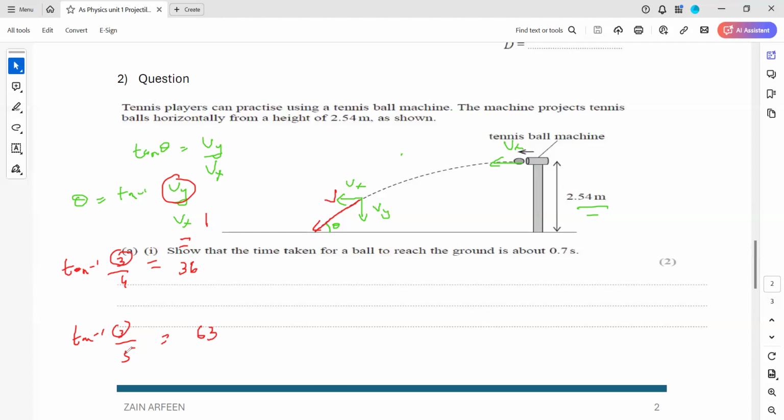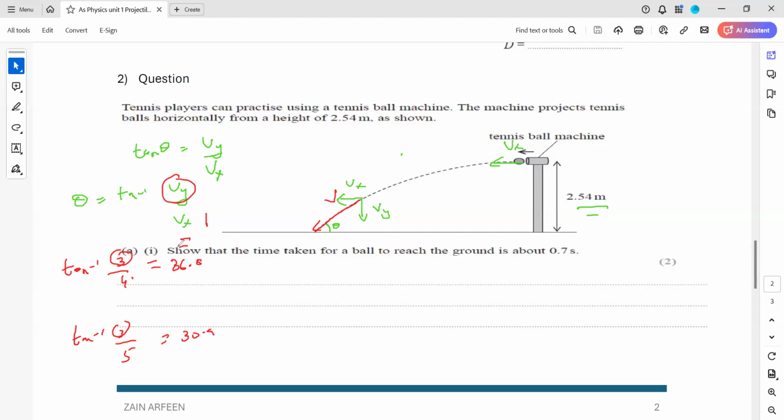So what you can see, as we increase the horizontal component, tan inverse 3 by 4 is 36, okay, and this is 30.9.